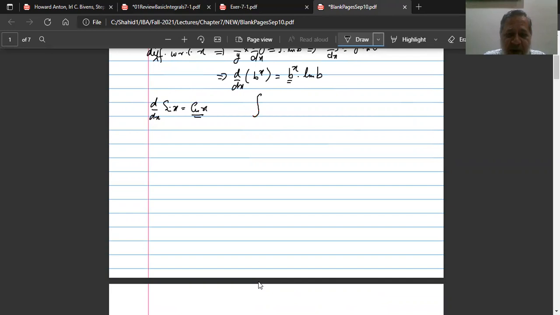So when I write down the antiderivative of cos x, my result should be sine x plus c. The derivative of cos x, we know, is minus sine. And when I write down the antiderivative of sine, it should be cos x, but a negative sign should also be there.